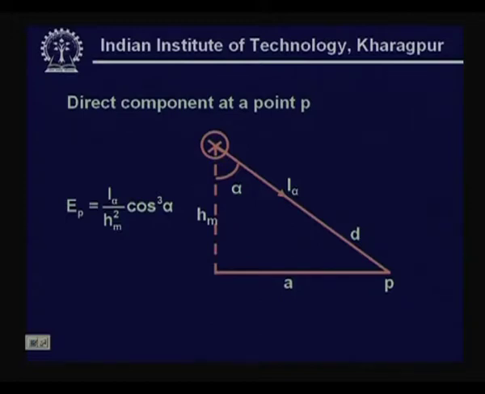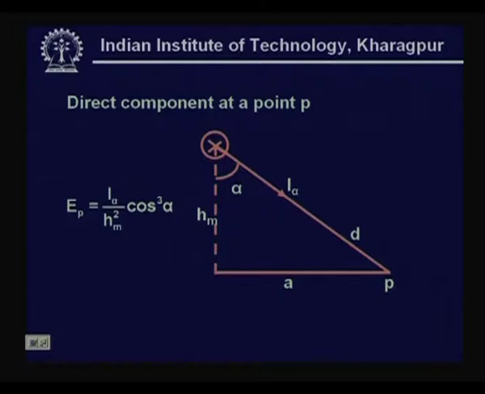Recall, if I were to calculate the lux level right below the lamp, it would be I by d squared, and that at P, I by d squared, where d is equal to Hm, that is I by Hm squared.